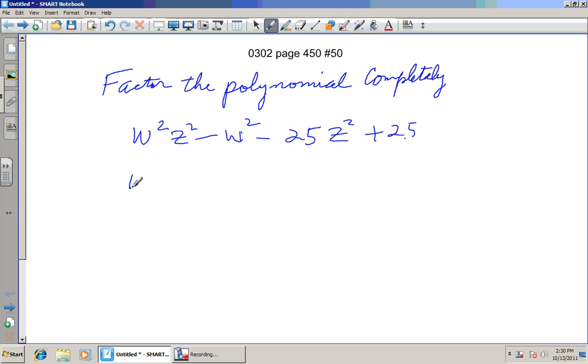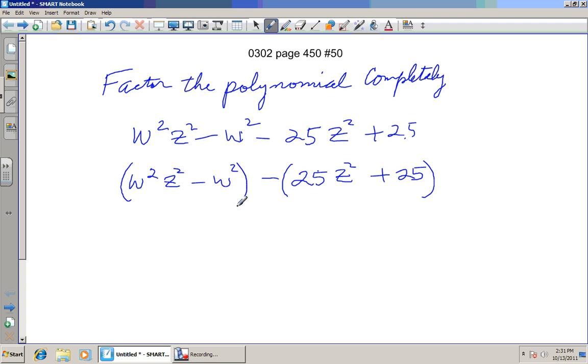So we write the problem again. We never mess with the original problem. So we write this again: minus 25 z squared plus 25. So when we factor by grouping, we put a little parenthesis around each term that we're going to factor by grouping. See that?